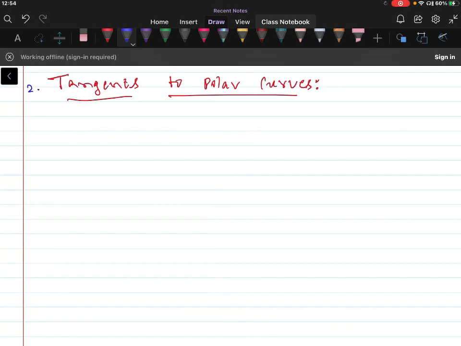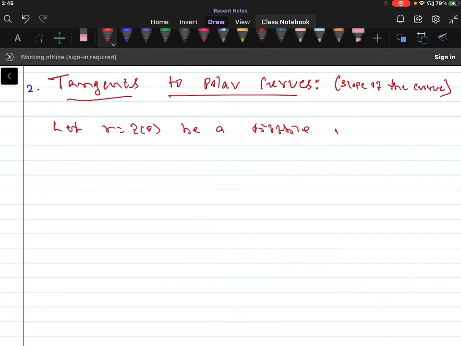We have another property for graphing polar curves, that is tangents to polar curves. So let us move to the formula for the slope of the curve r is equal to f of theta. Let r is equal to f of theta be a differentiable polar function.